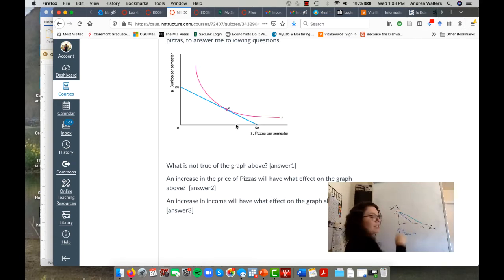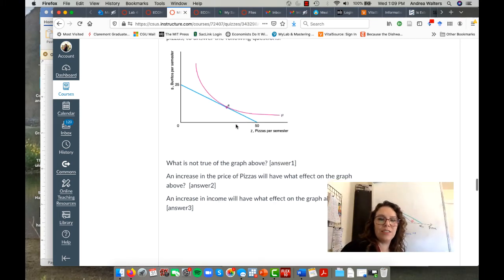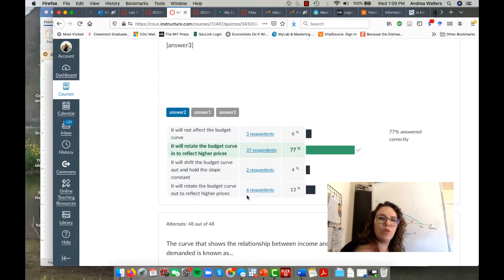It's not going to change the maximum quantity of burritos that can be purchased, but it will change the maximum quantity of pizzas that can be purchased. So it's going to rotate that budget constraint in. There we go, like this. Okay, so an increase in the price of pizza will rotate the budget curve in to reflect higher prices.